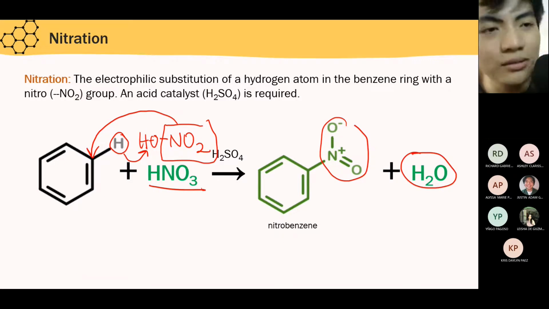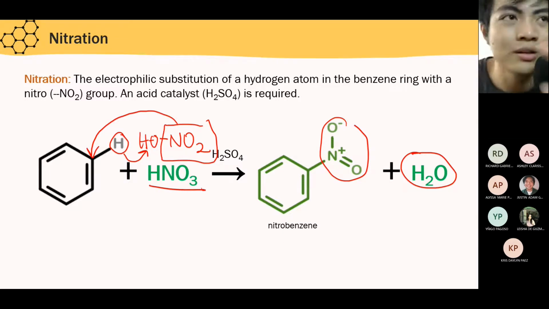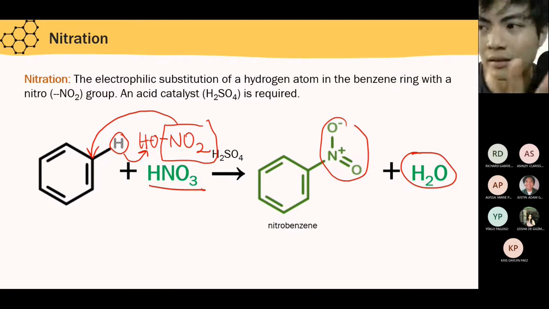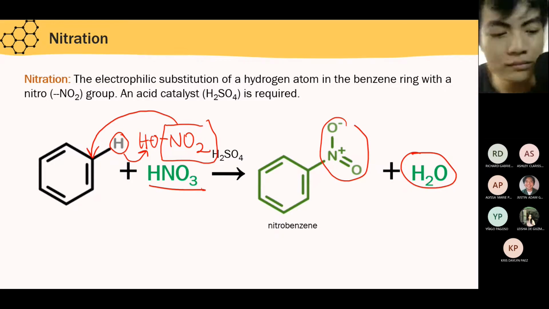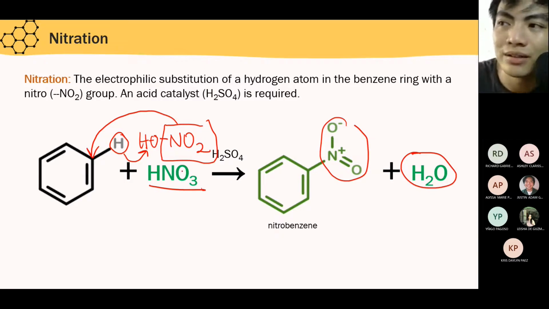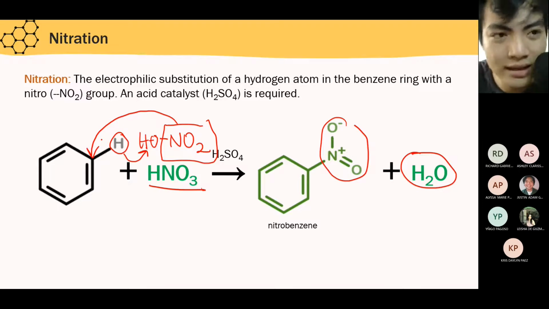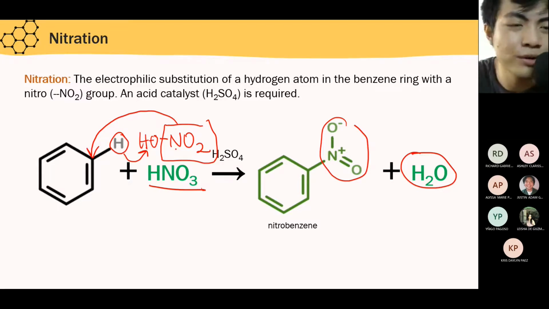Okay? So, ganito yung style ng benzene reactions. Sa molecule mo, yung isa kakabit, then the other one, doon kakabit yung hydrogen na tatanggalin. So, more on memorization lang talaga siya. So, again, in nitration process, you need a nitric acid that will be the source of your nitro group. However, it must be catalyzed by sulfuric acid.